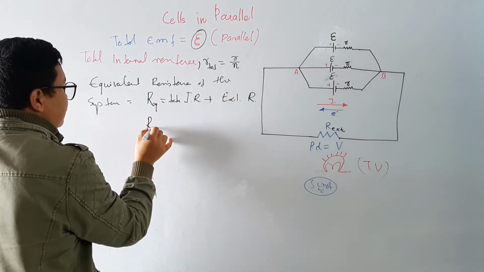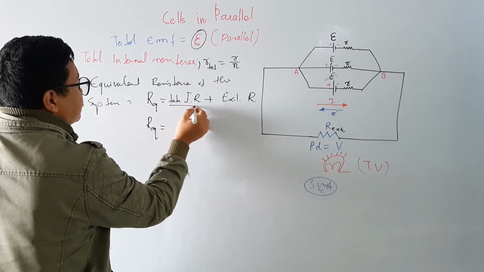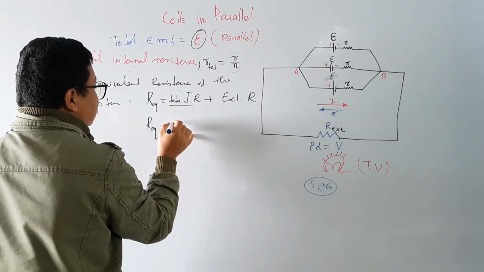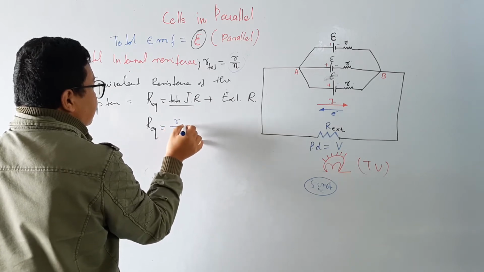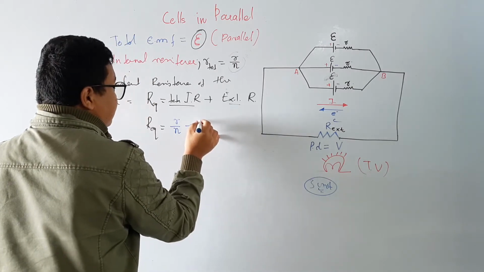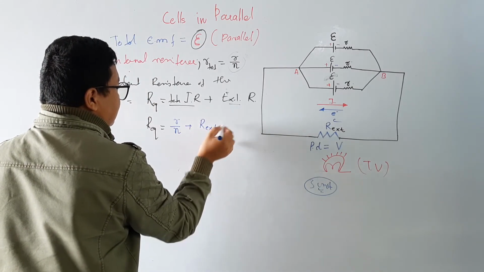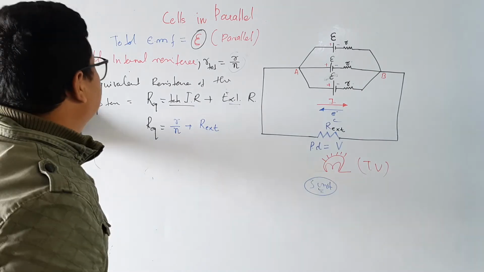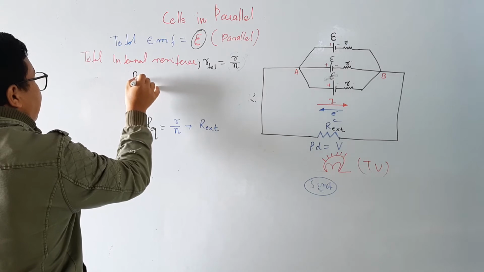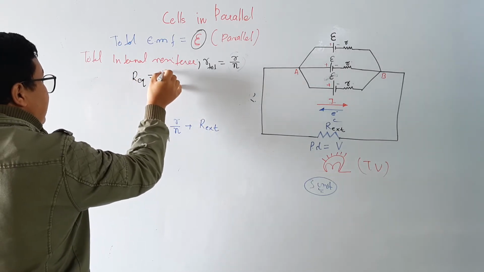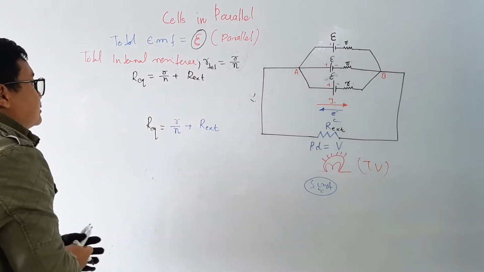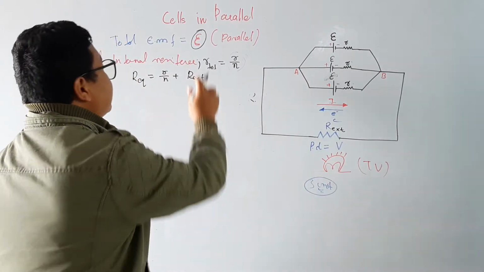So R equivalent of the system is equal to, how much is the total internal resistance? The total internal resistance we got is R divided by n, plus the external resistance, which is R EXT. So everything is now in our hand. So we got R equivalent is equal to R divided by n plus R EXT. So this is R and this is EMF.